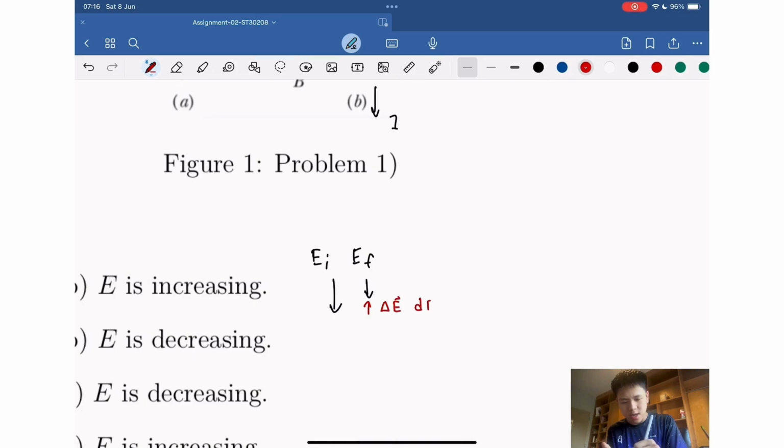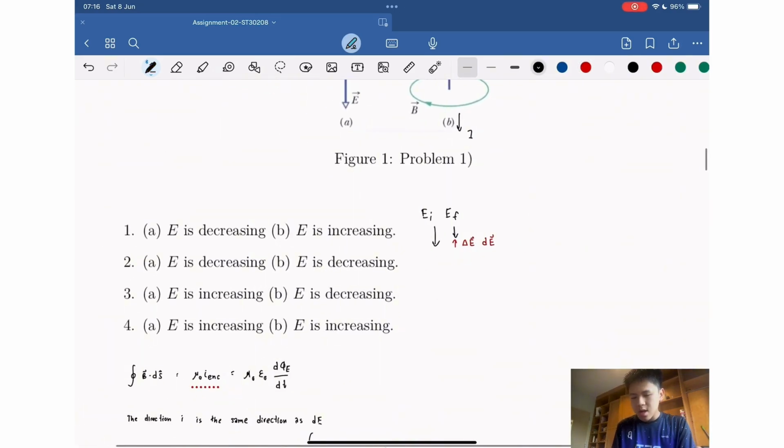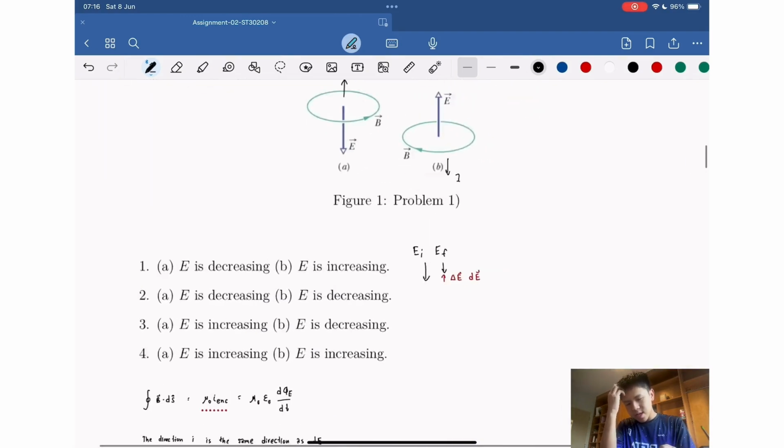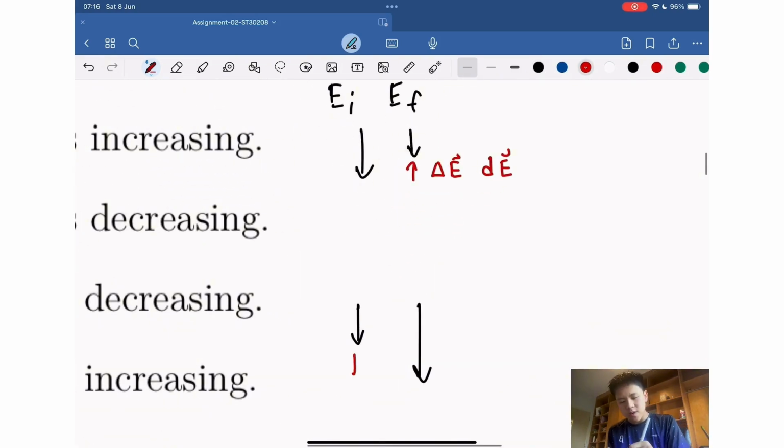In figure A, the question says E is downward. If E is decreasing, the change dE will be upward.